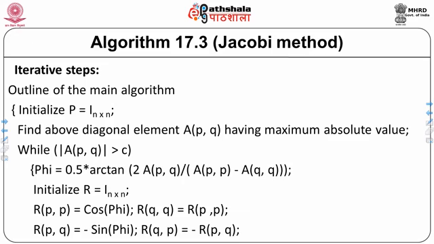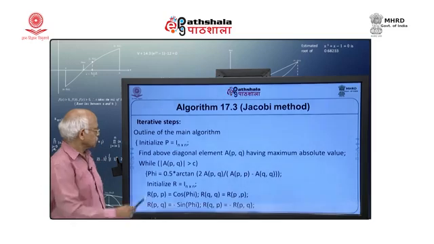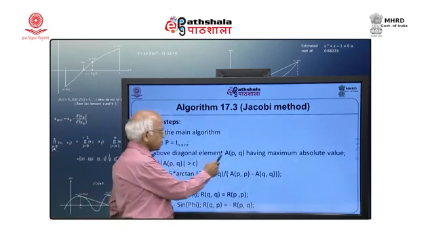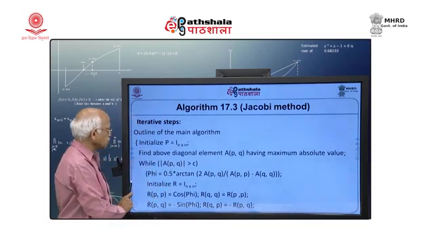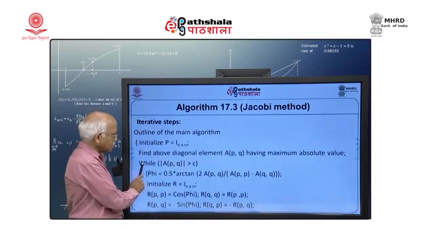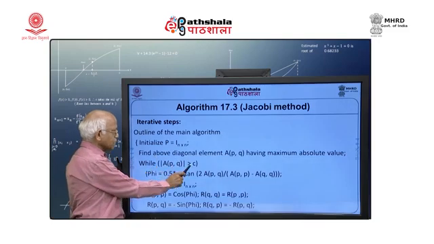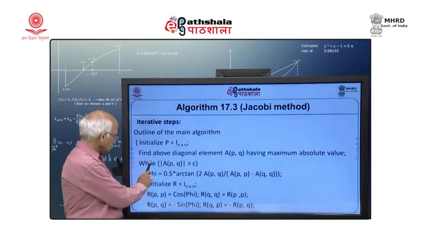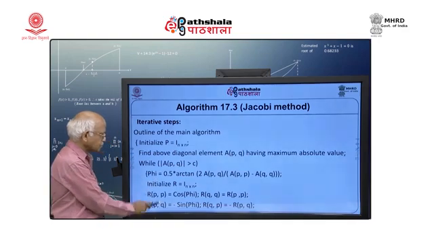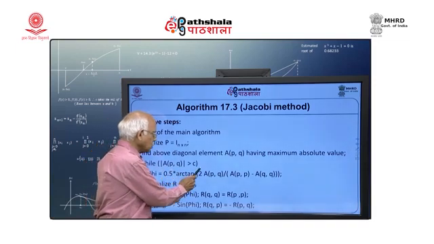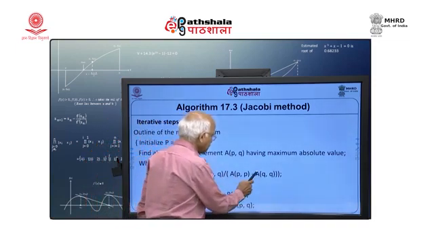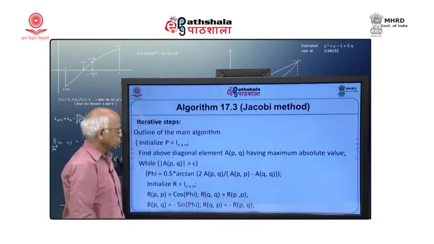What are the iterative steps? Initialize P as the identity matrix I n cross n, then find the above diagonal element A_PQ having maximum absolute value. While mod A_PQ is greater than C, we continue. Phi equals 0.5 times arctan of A_PQ divided by A_PQ minus A_QQ.